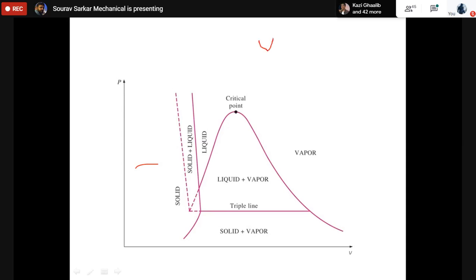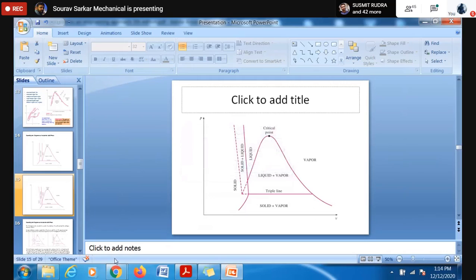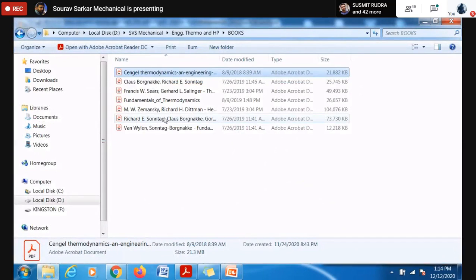First statement is the volume, this is the volume where your melting process will start, and this is, just wait. I think here is some typographical mistake.